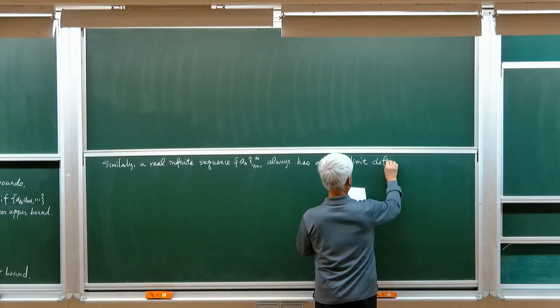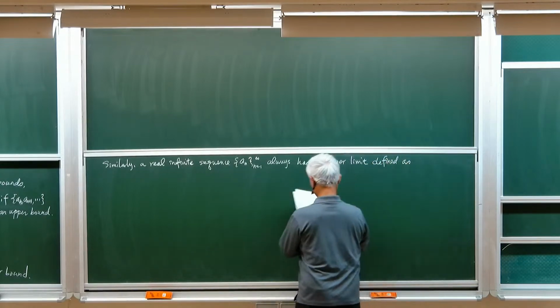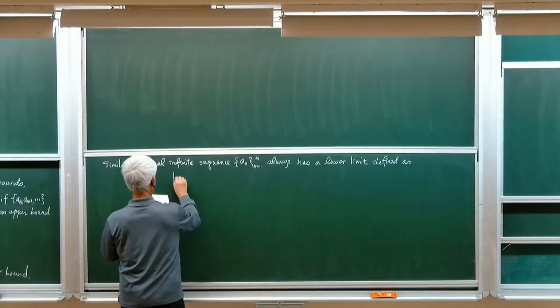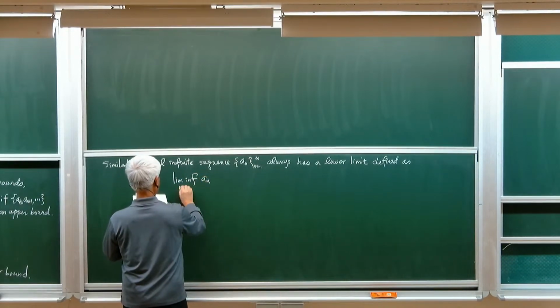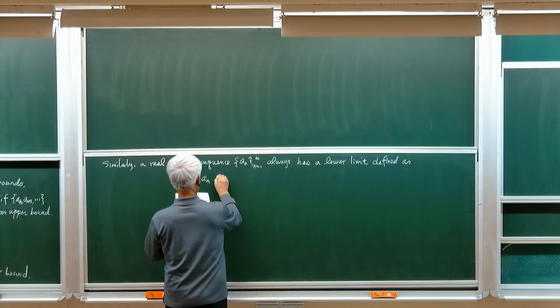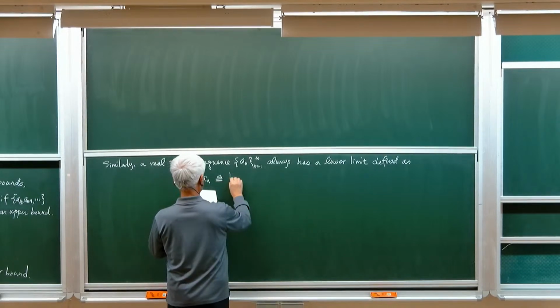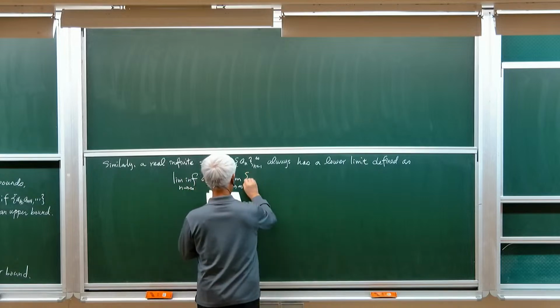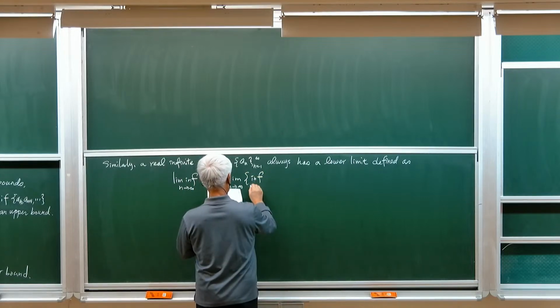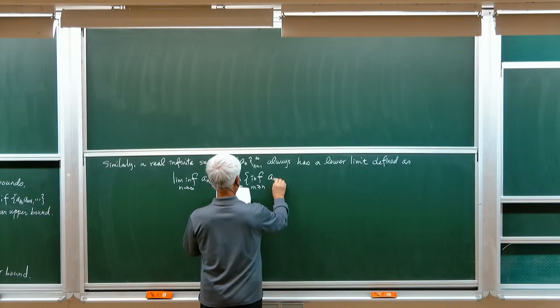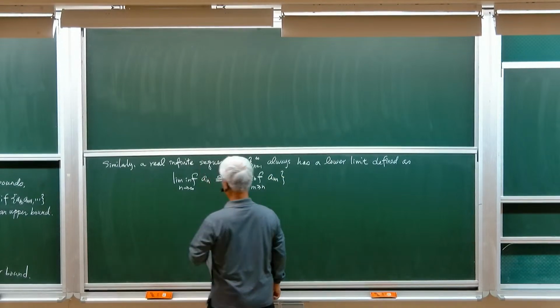The lower limit is called lim inf as n goes to infinity of a_n, which is defined to be the limit as n goes to infinity of the infimum over m greater than or equal to n of a_m.